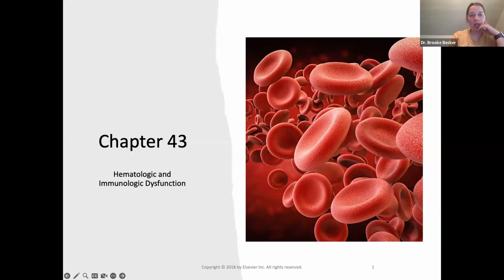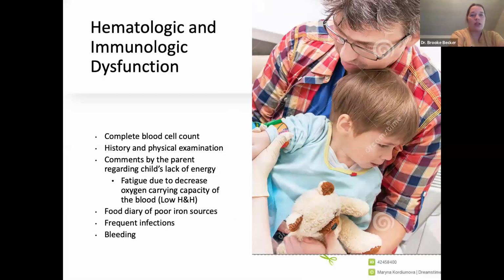Okay, so we'll go ahead and get started. This week is hematologic and immunologic dysfunction, chapter 43 is where we're going to start. If you guys have any questions, just unmute and ask. So what's involved in hematologic and immune dysfunction? Some labs you're going to be looking at are CBC counts, and we'll go into those more specifically as we talk about the different types of anemia and what to expect.